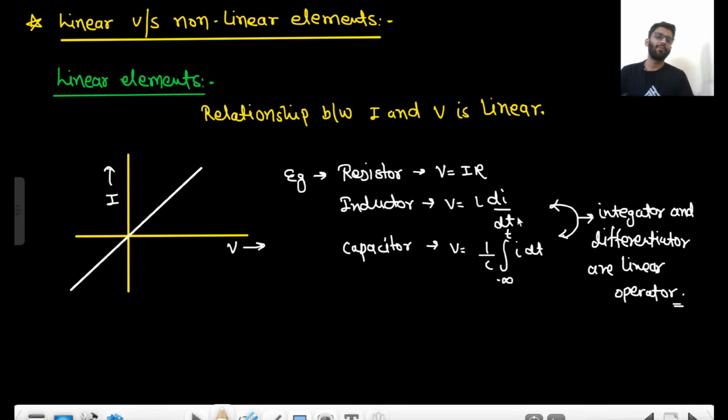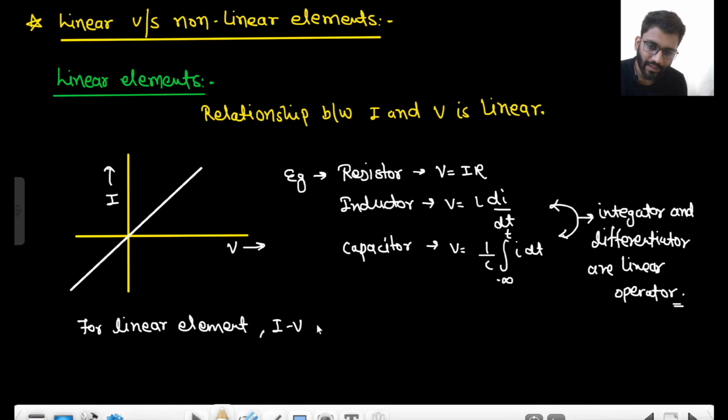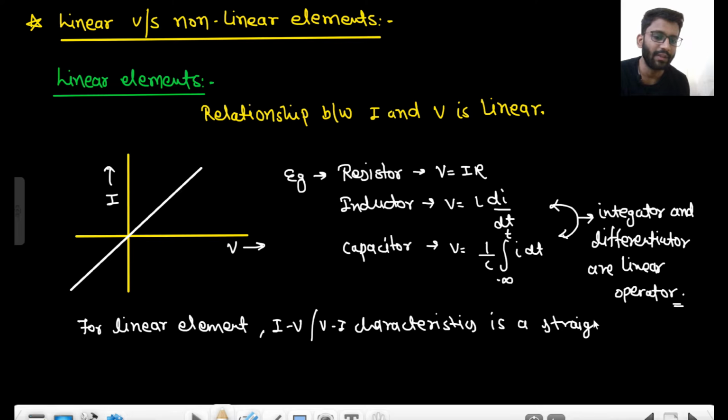So basically, if you draw the I versus V characteristics of resistor, inductor and capacitor, then you will get a straight line like this. So for linear elements, the IV or VI characteristics is a straight line passing through the origin. That thing you need to remember.